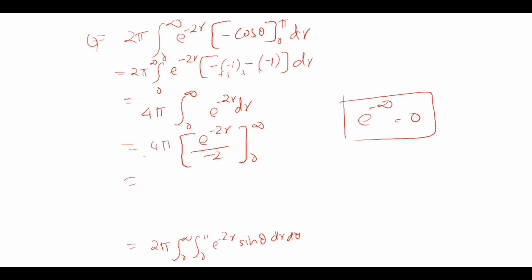So that will be 0, minus e raised to minus 2 into r, where r is 0, means 1, e raised to 0 will be 1, so 1 divided by minus 2, so this will become plus 2 divided, so 2 times, so that will be 2 pi or 6.28 coulombs.